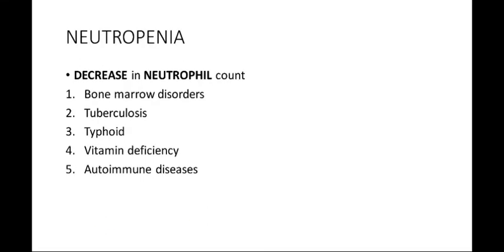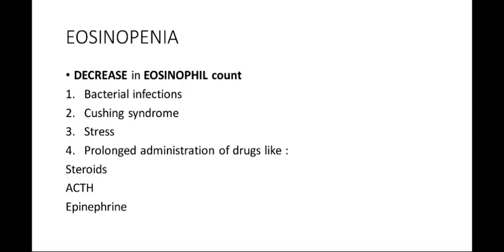Then we will see neutropenia. Neutropenia means decrease in neutrophil count. This decrease in neutrophil count occurs in bone marrow disorders, during tuberculosis, during typhoid fever, vitamin deficiency and autoimmune disease. Then we will see eosinopenia.